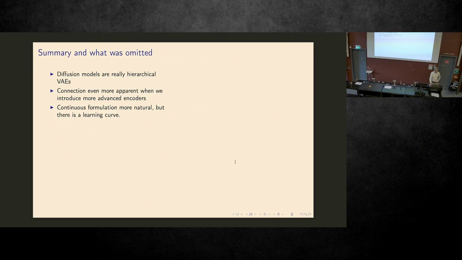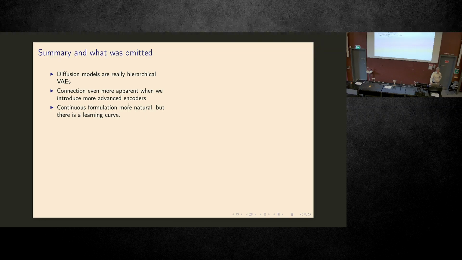Yes, okay, I'm done. My last slide, can I go through it? Good, okay. So I tried to convince you that diffusion models are really hierarchical VAEs, and this becomes more apparent when you introduce more advanced encoders than just noising your data.